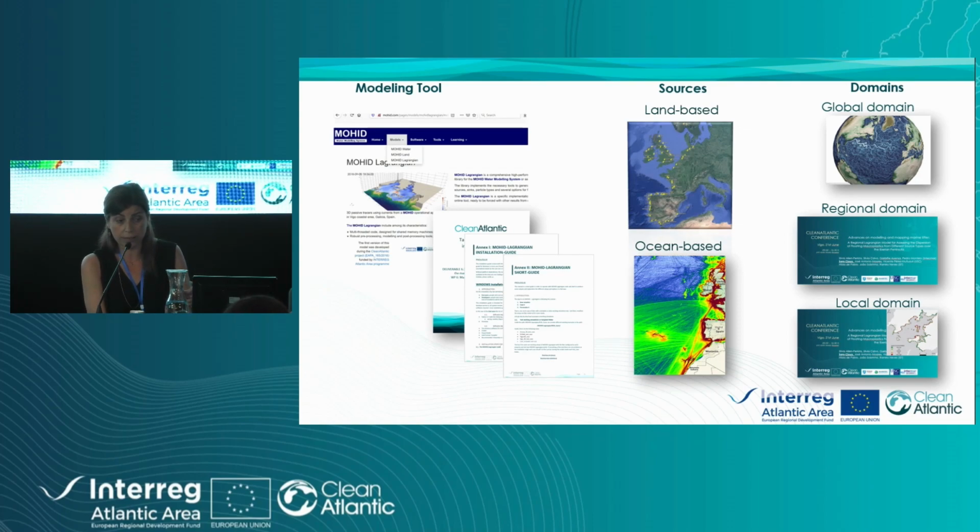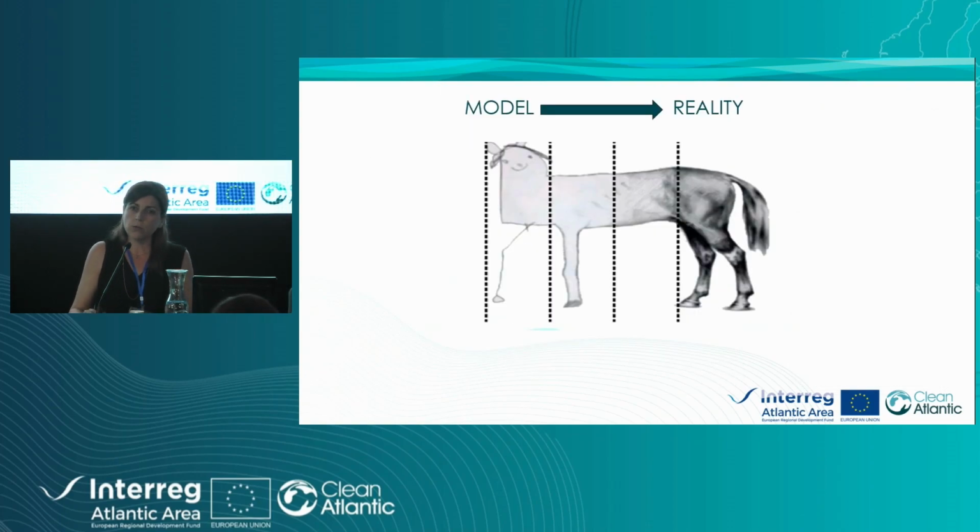The global domain, which covers the entire northern Atlantic, higher resolution domains of one to three countries, and even higher resolution domains, which would be local domains, to control the sources of these plastics and the meteorological and oceanographic models.